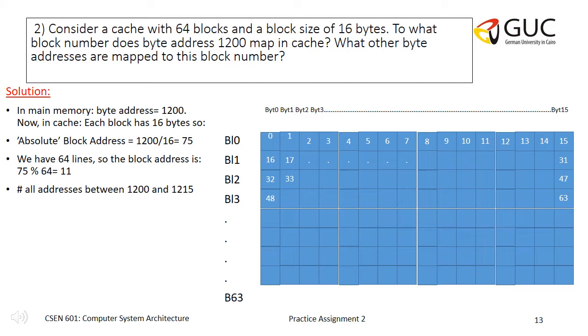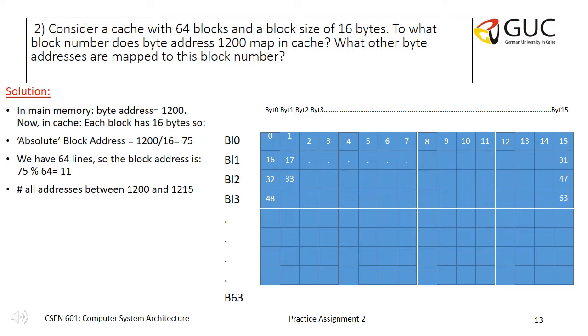Okay, and in each block we have 16 bytes. So we have byte 0 till byte 15 in the first block, and in the second block we have byte number 16 till byte number 32 and so on.